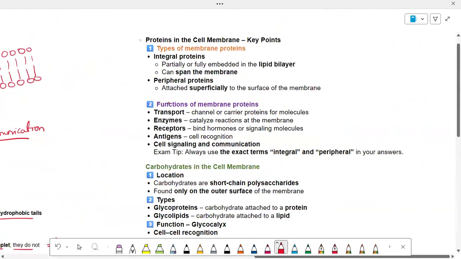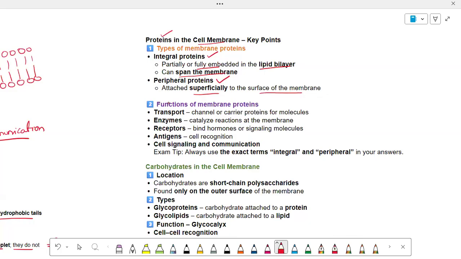Okay, I already talked about protein. Actually, there are two types of protein present in the cell membrane: integral protein and peripheral protein. Integral protein is fully embedded in the lipid bilayer, and it can span the membrane. But peripheral protein is superficially attached to the surface of the membrane.